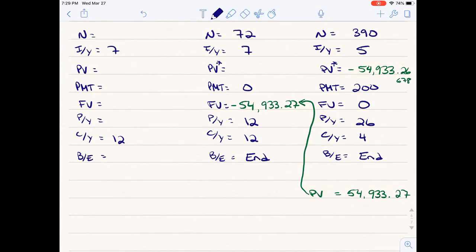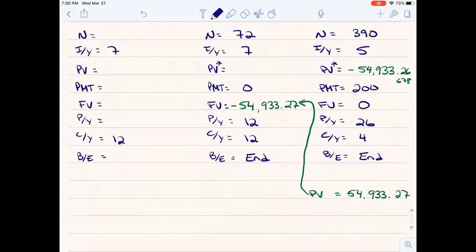So now we can calculate the present value of these guys. 72 is our N, 7 is our I, 0 for our payment, negative 54,933.27 is our future value. Our payments per year are 12, enter. Compoundings are also 12, and we're in the end mode, and then compute present value.